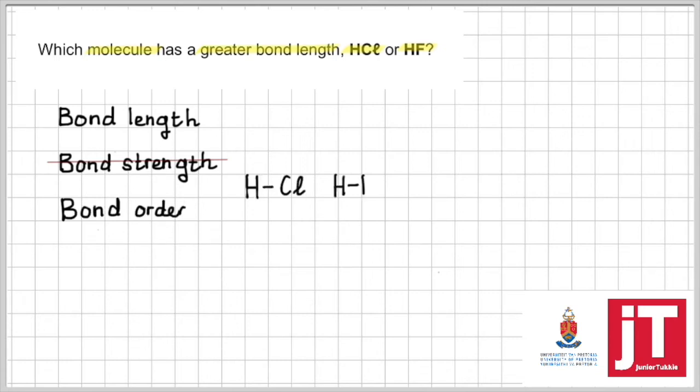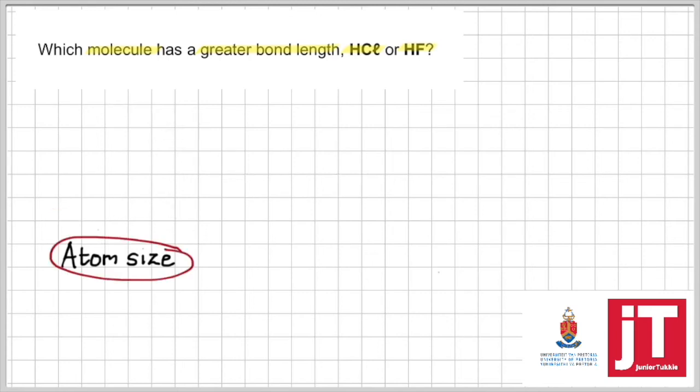But notice that the bond between hydrogen and chlorine is a single bond, and that between hydrogen and fluorine is also a single bond. So contained in both of these molecules are single bonds, and we therefore can't make use of bond order. The last variable that we can compare is atom size. Although both molecules contain hydrogen as one of their atoms, we can compare the chlorine atom to the fluorine atom. We will therefore make use of atom size in order to answer this question.